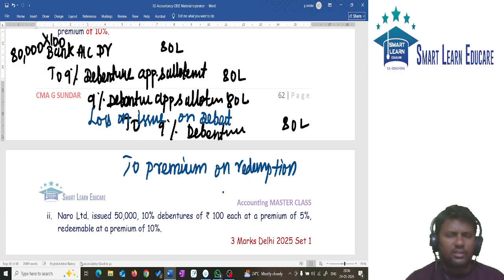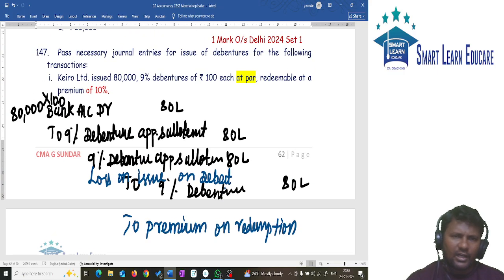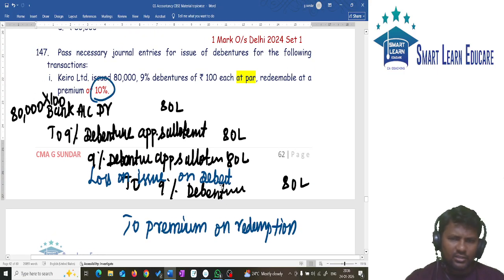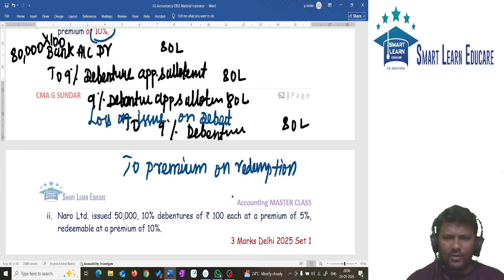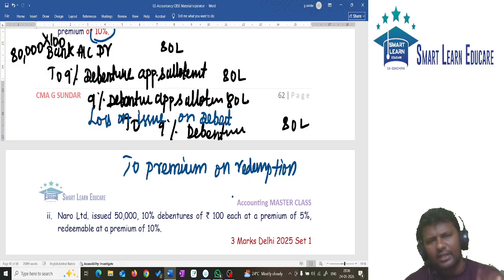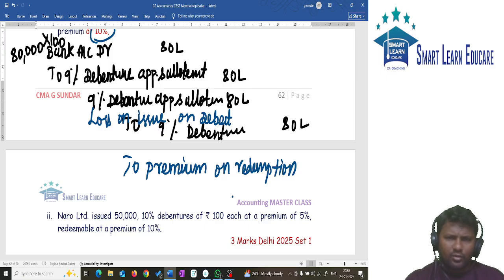When you redeem this debenture, you are redeeming at a premium of 10%. Repaid at a premium of 10%. So you should create a liability. Liability created, premium on redemption of debenture. And also loss account should be debited. So loss on issue of debentures account debit to premium on redemption of debenture. How much amount?